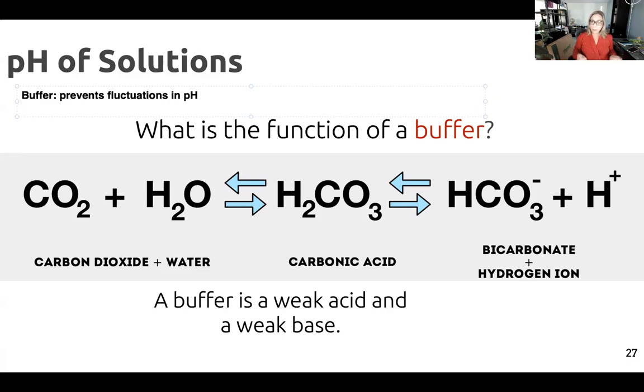That can pick up hydrogen ions if your blood is too acidic. So let me summarize this for you. So a buffer removes hydrogen, I'm just going to put H plus here, removes H plus when the pH is too acidic.